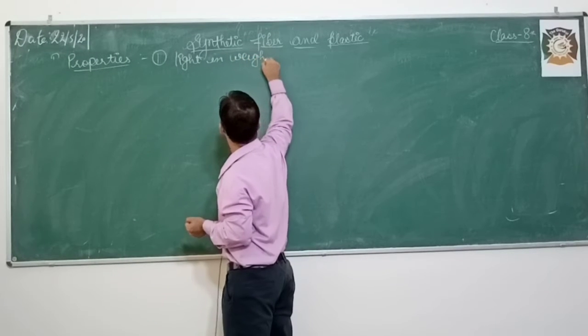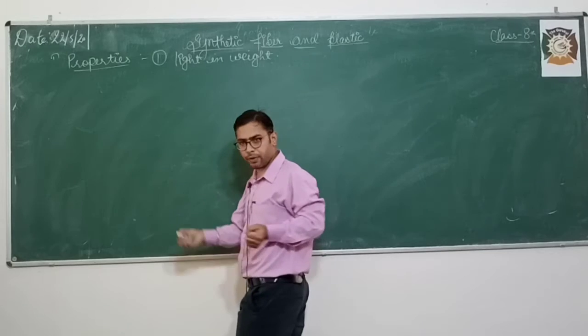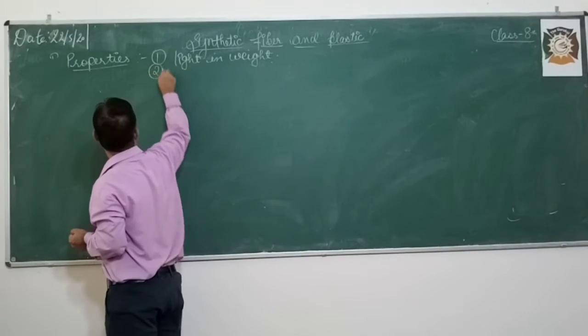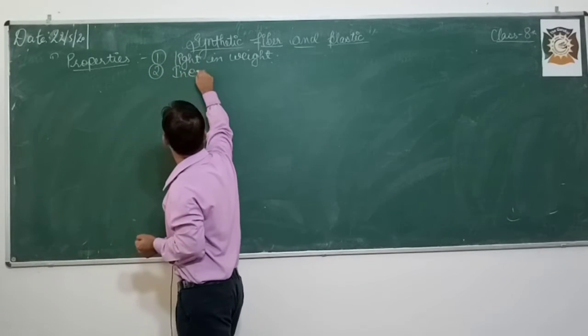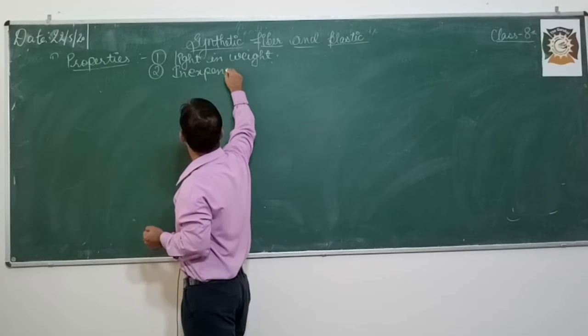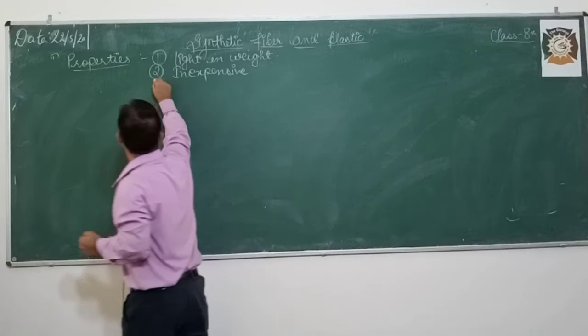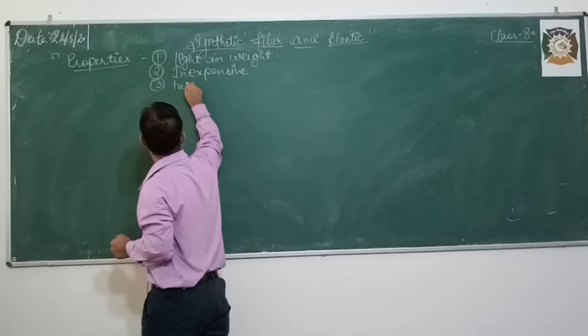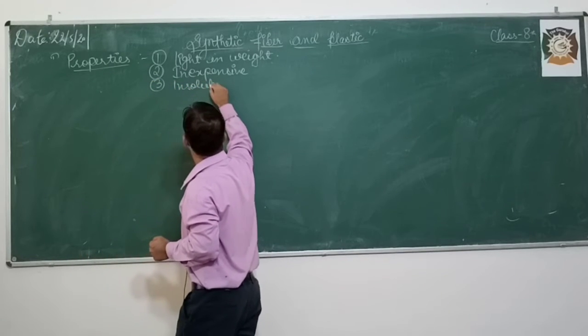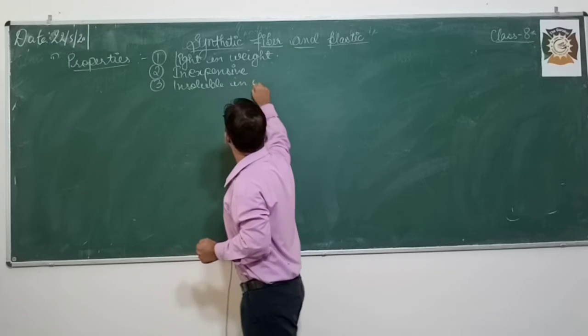Is it clear, students? It is very much lighter in weight. Second property, it is inexpensive. It is not too much costly, it is cheaper, it is inexpensive. Third property, it is insoluble in water.